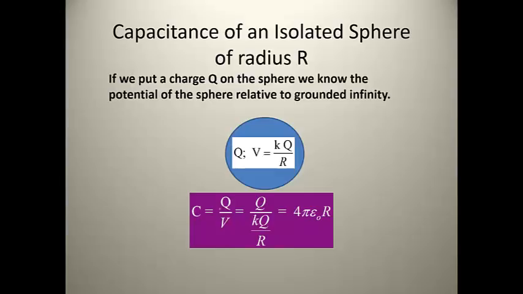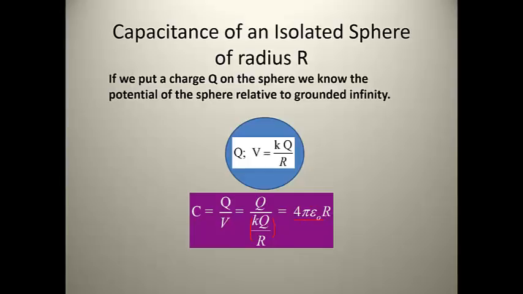So taking C as Q over V, we have Q here, we have V right here. So then we simplify by just canceling Q and bringing k, 1 over 4 pi epsilon naught, to the top, and so we have 4 pi epsilon naught R. So the capacitance doesn't have any Q's in it, it doesn't have any V's in it, it's a constant.